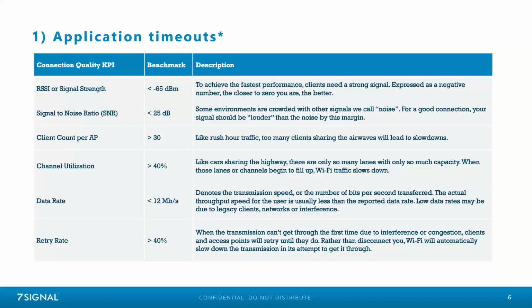So on the next slide, you'll see the asterisk appear with application timeouts. This is the 7SIGNAL Best Practices Guide. You'll see a double asterisk, which is the CWDP 303 Best Practices Guide. So if your Wi-Fi network fits all of these percentages, your Wi-Fi network is Mary Poppins. You're perfect in every way, right?